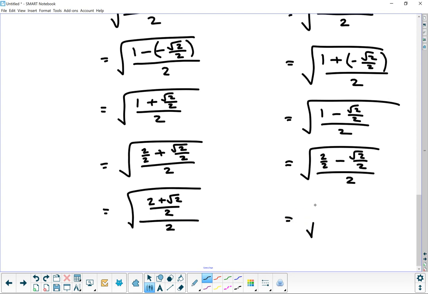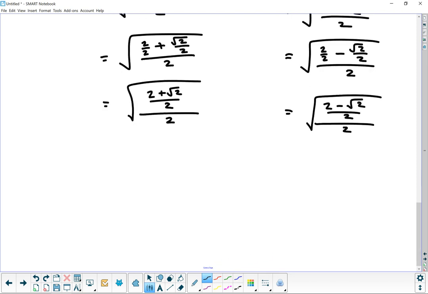And this one will give me 2 minus radical 2 over 2, over 2. Okay, same thing, multiply top and bottom by 2 over 1, and that's going to basically get rid of that 2 from the top and double the bottom.